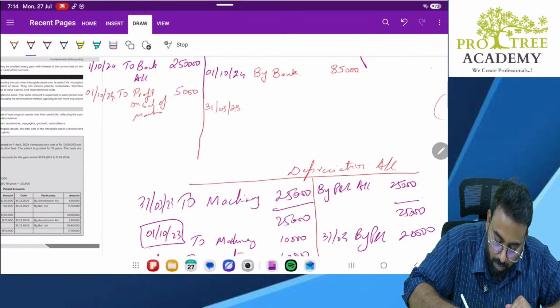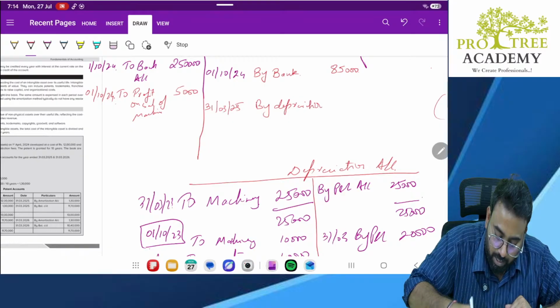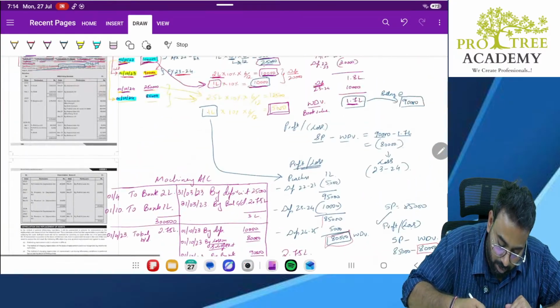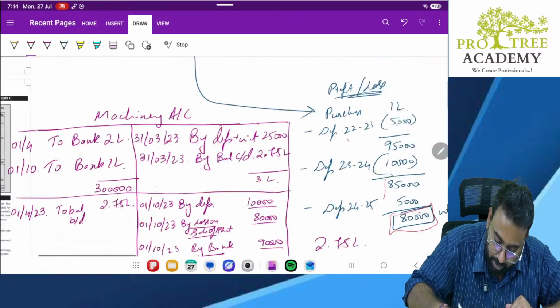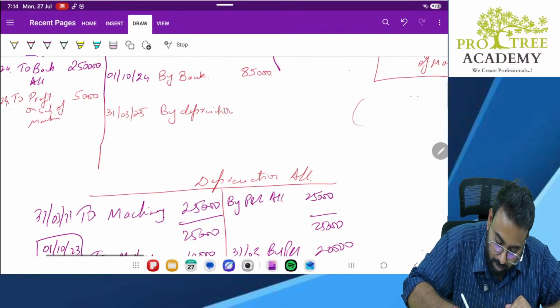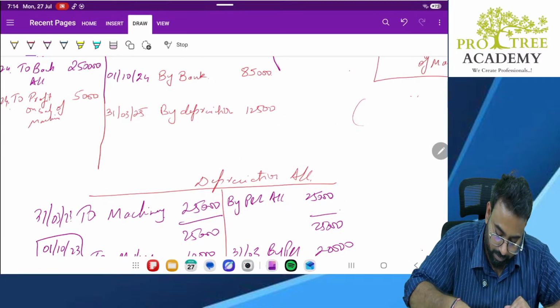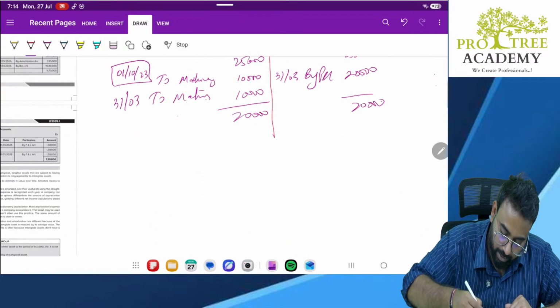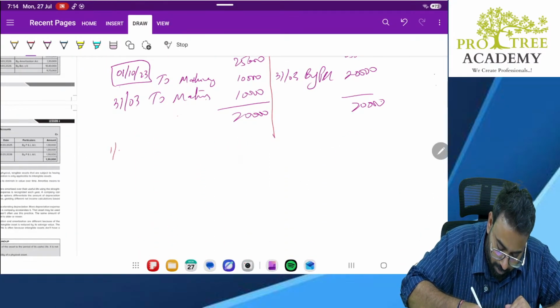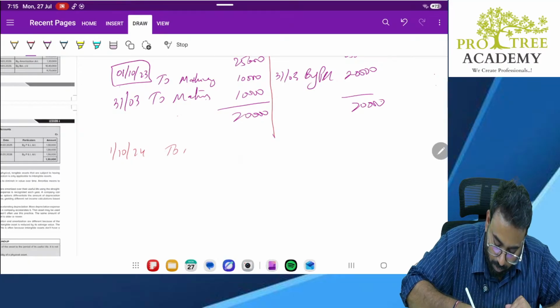On 31st March, there is one more depreciation. By depreciation. What is that one more depreciation, sir? This asset, the asset which was purchased in that year. 12,500. Should we record it here also? Yes, sir. On 1st October 24, to machinery sold.